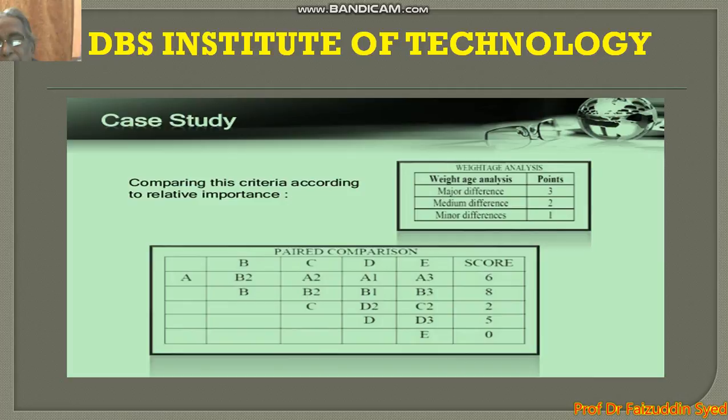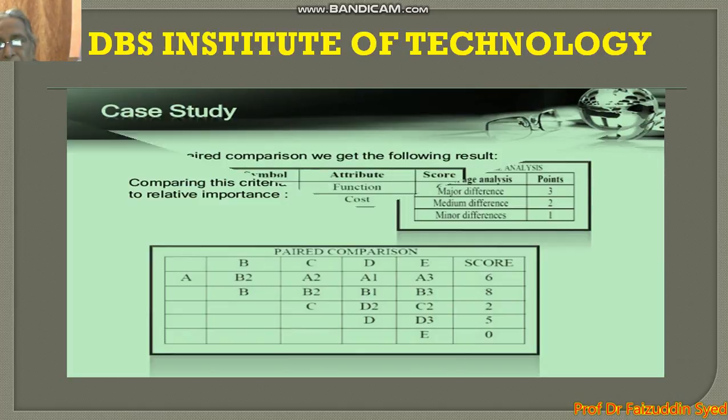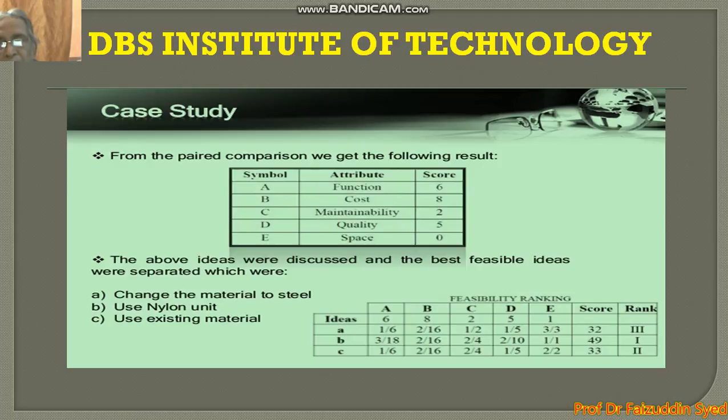Then paired comparison. In this paired comparison, it got scores for the different criteria. From the paired comparison, we get the following results. You are seeing a table here where symbol, attribute and score are given.